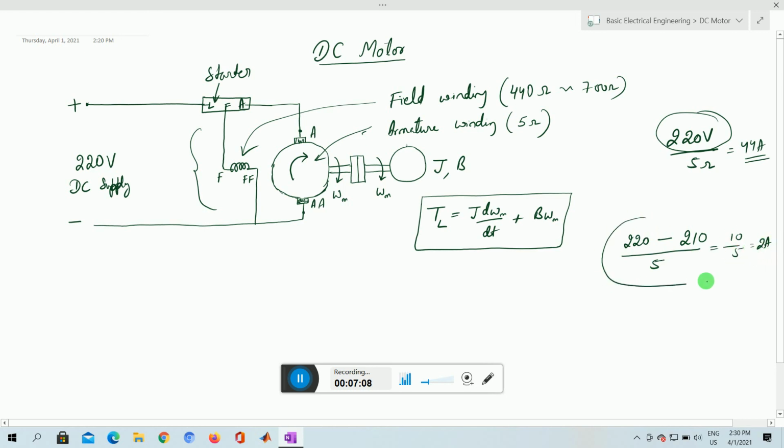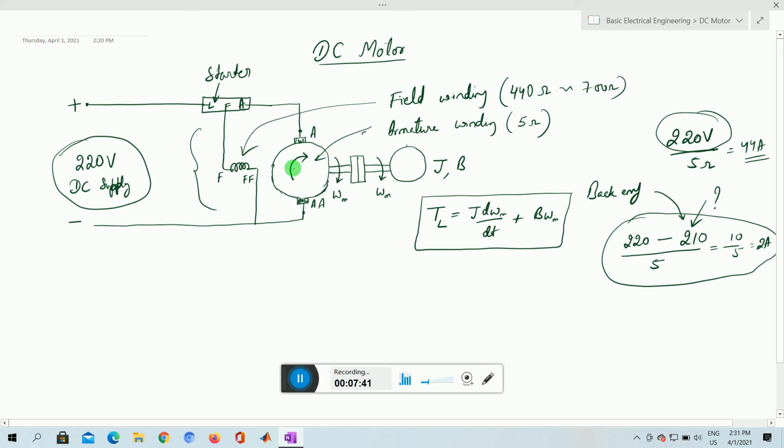We will have an explanation of how this 210 volts is generated. That means some voltage is generated when it is rotating. When the armature rotates, it develops its own voltage, that is usually called back EMF. This back EMF is near the rated voltage, or whatever voltage we apply, it is very close to it, and it depends on the speed.